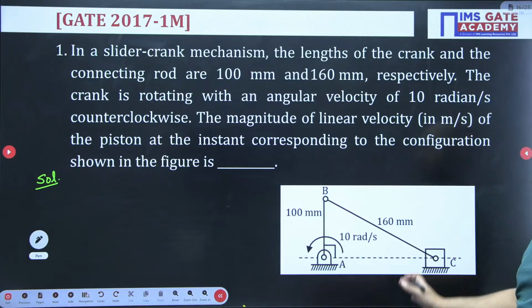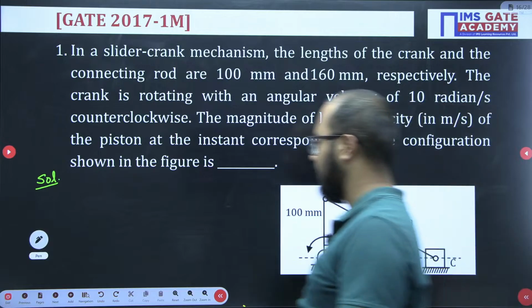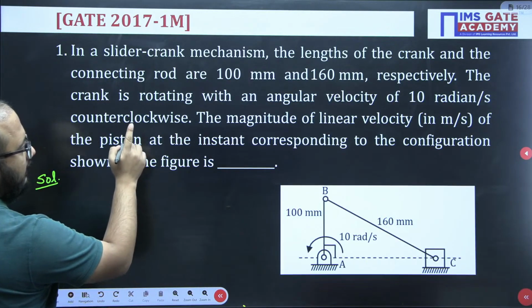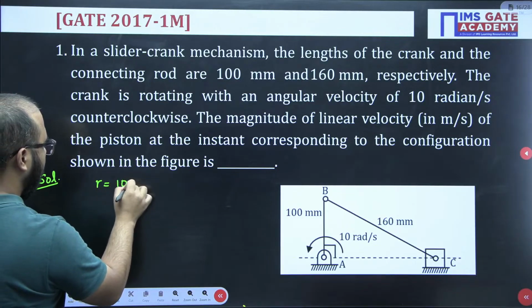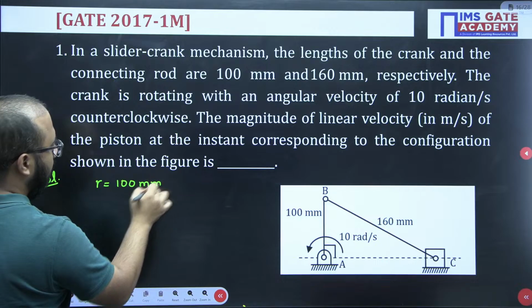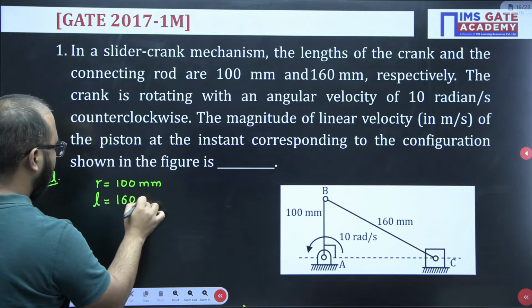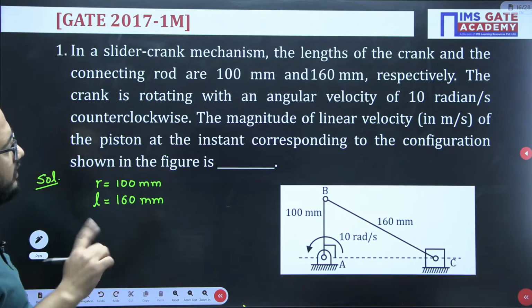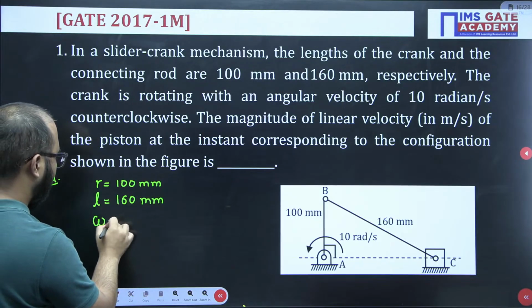They have given a slider crank mechanism, length of crank and connecting rod they have mentioned. So let us write the given data first of all. Length of crank, that is R value, and connecting rod value is 160 mm. The crank is rotating with an angular velocity of 10 radian per second. So omega value they have given.